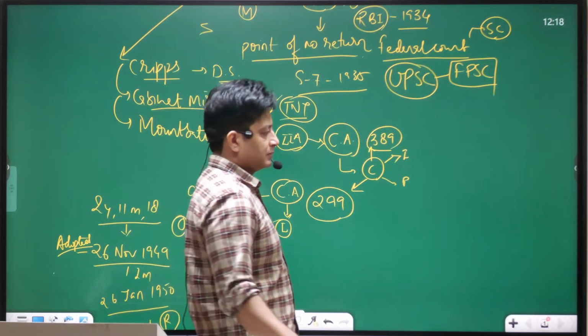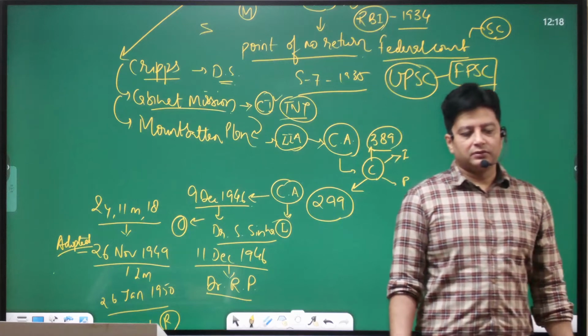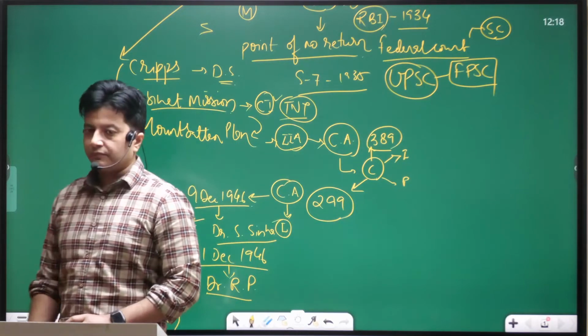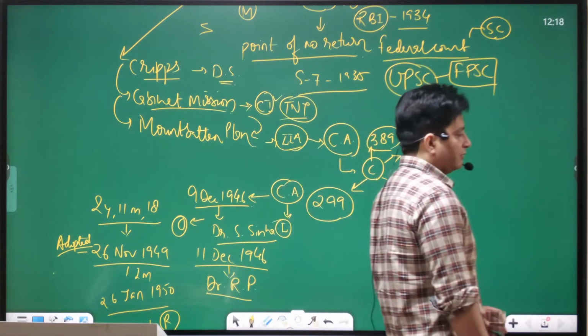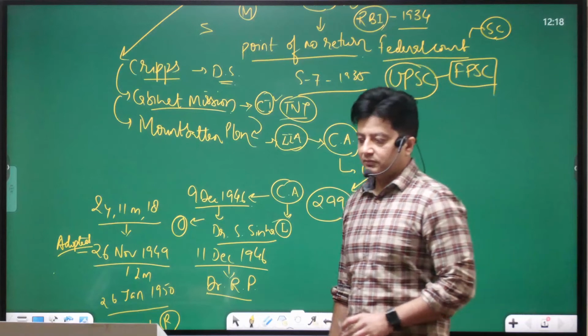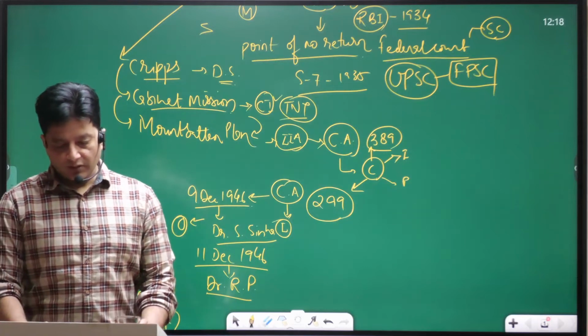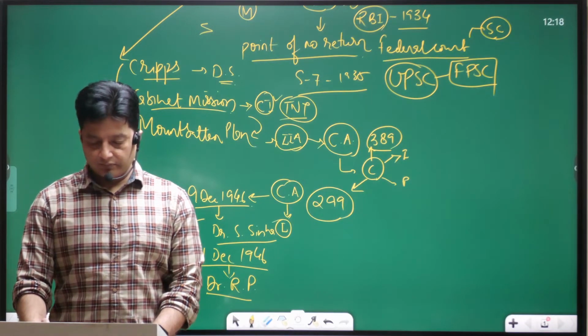Full stop. For this purpose, this plan was improved upon in form of Mountbatten Plan 1947, which was approved as Indian Independence Act.